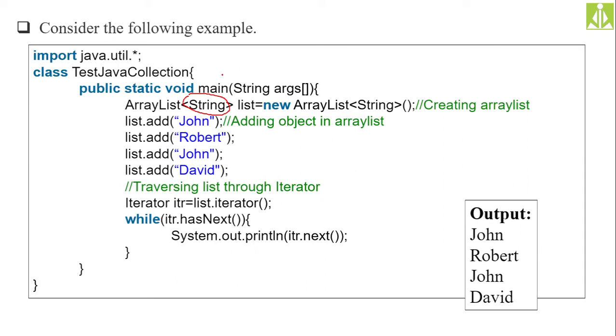So if you create this ArrayList with strings, now you can store only strings into that ArrayList. Different data types, we said, doesn't mean that at the same time you can store different data types. It is not possible. Like an array, it is going to have homogeneous data elements at any time, but the ArrayList is capable of holding different types of data elements, but not at the same time. Remember this one.